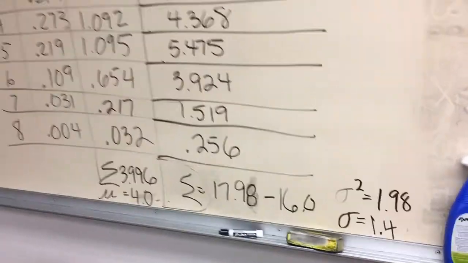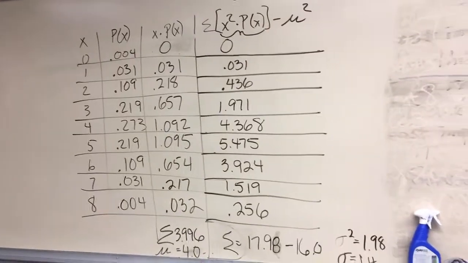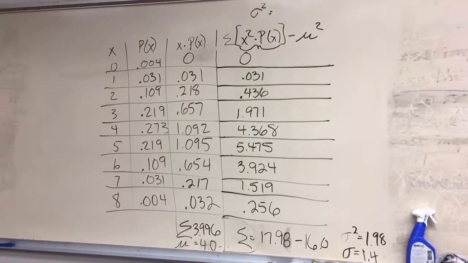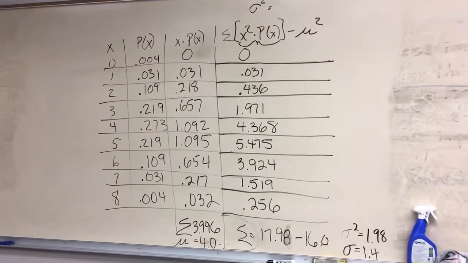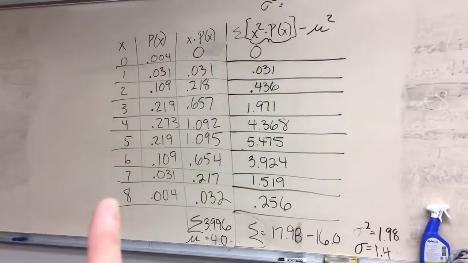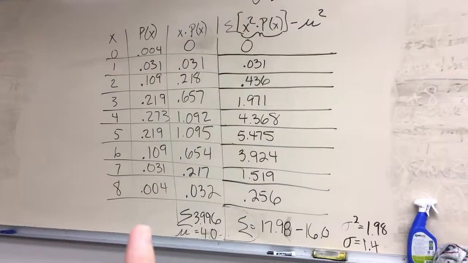So I'm going to zoom out so you can see the whole board together and see what I did. I did most of the calculations on the calculator because I'm all about doing calculations easily. So over here, I put this in my L1. I put my probability in my L2.